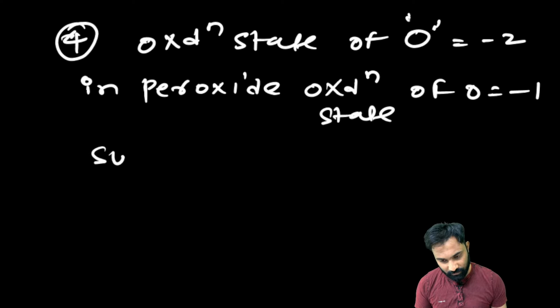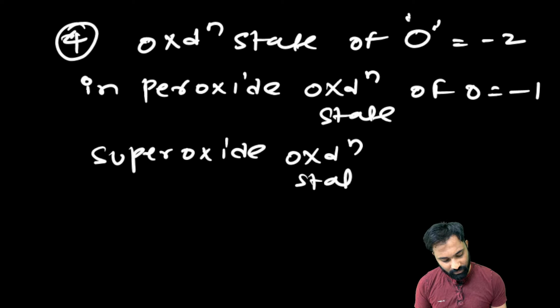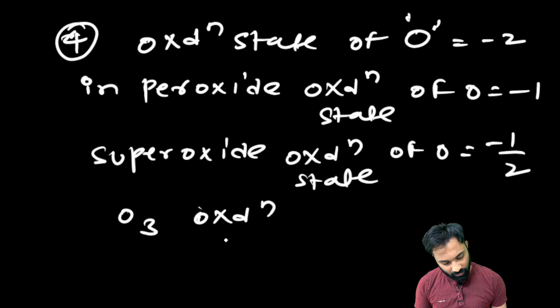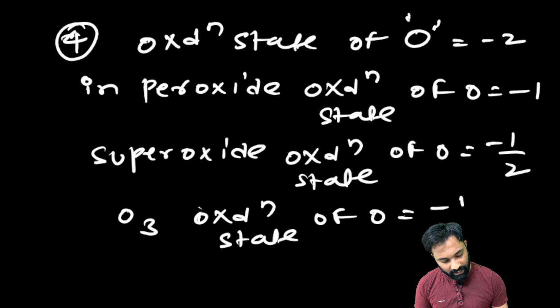Next one, superoxide: the oxidation state of oxygen is -1/2, right? Next, in ozone O3 or ozonides, the oxidation number of oxygen is -1/3, right?